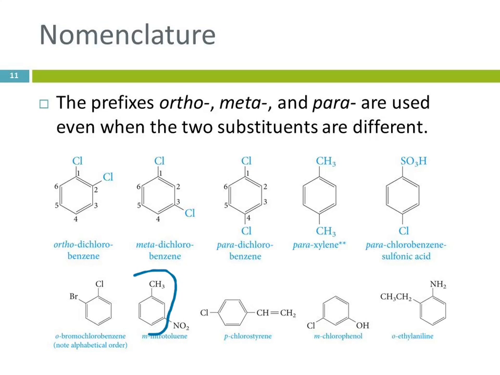So this guy right here is the toluene. It's toluene with a nitro group. This is styrene, and it has a chlorine group on it. So it's para-chlorostyrene.